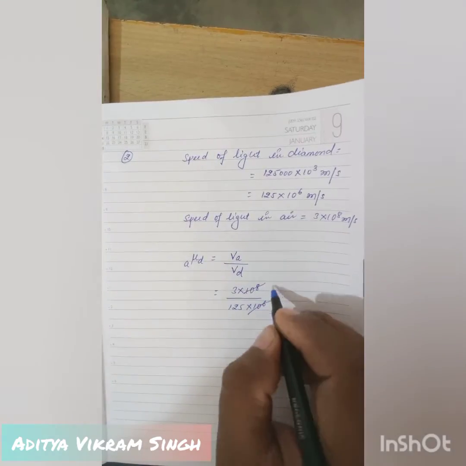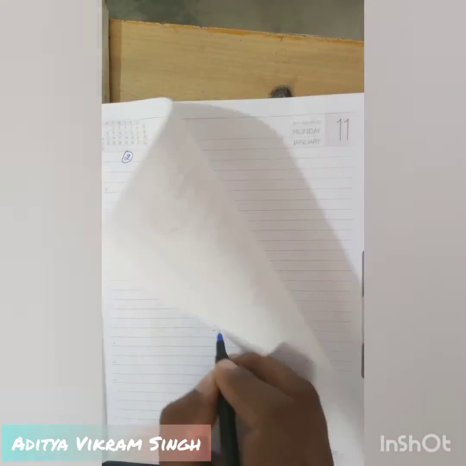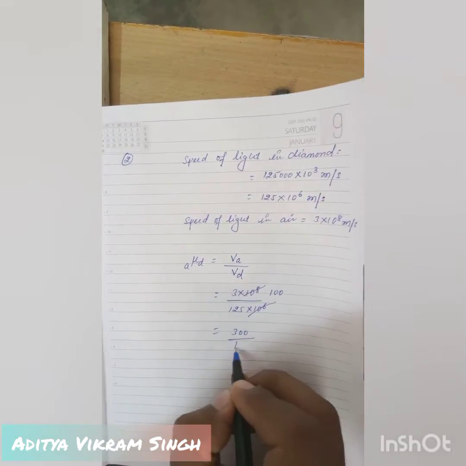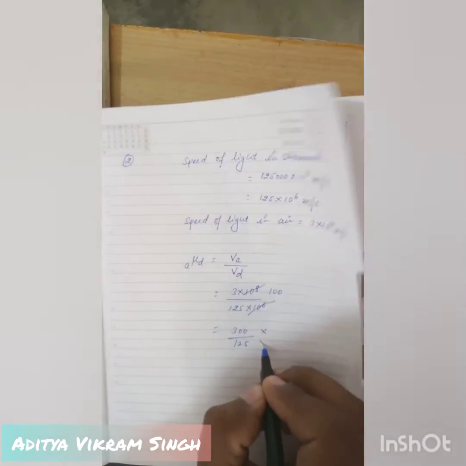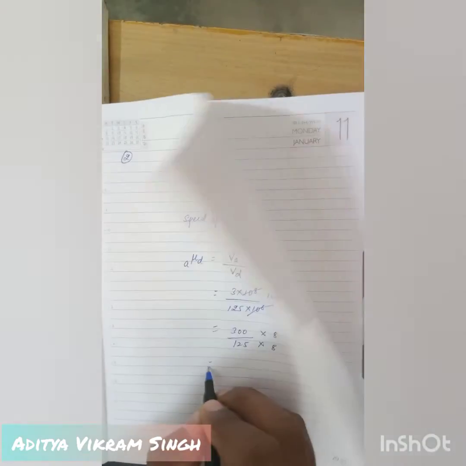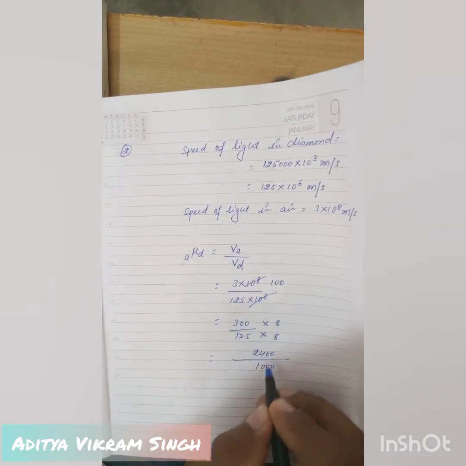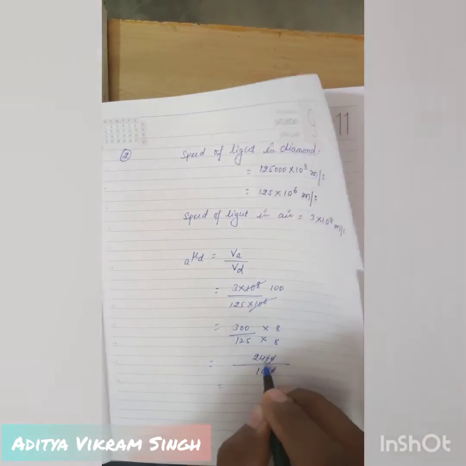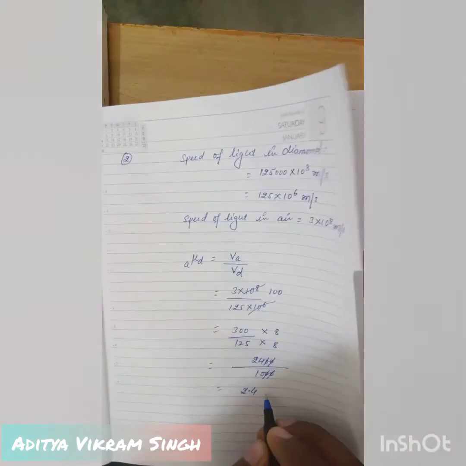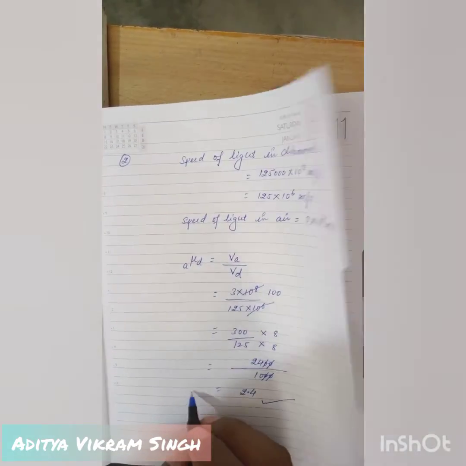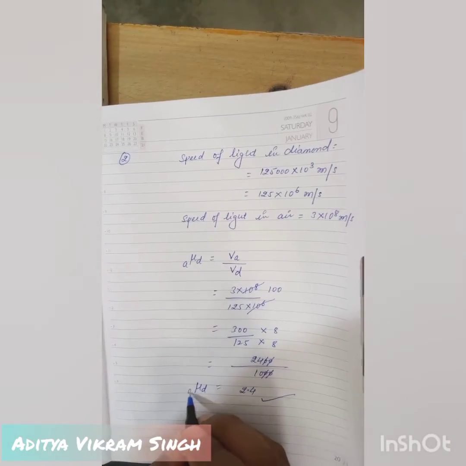When this gets cancelled out, we are left with 100. Okay, then this will become 100 divided by 125, and what we have to do is multiply it in denominator and numerator. This will become 1000, and this will become 2400. So if we cancel out these two zeros, we are left with 2.4.